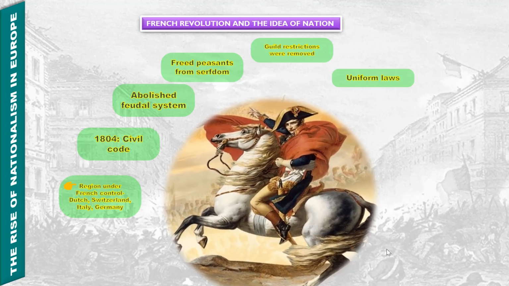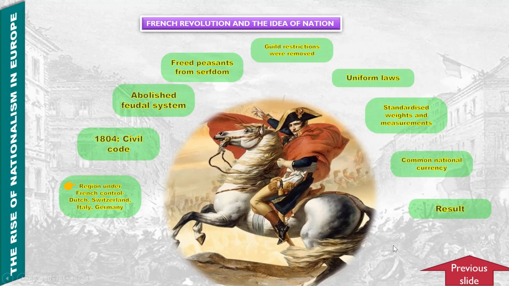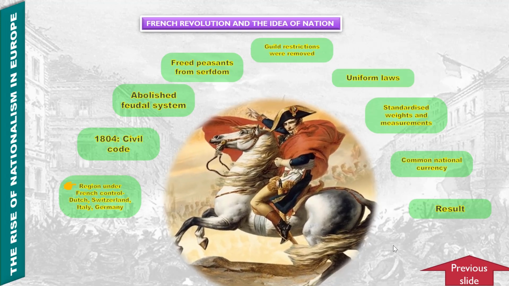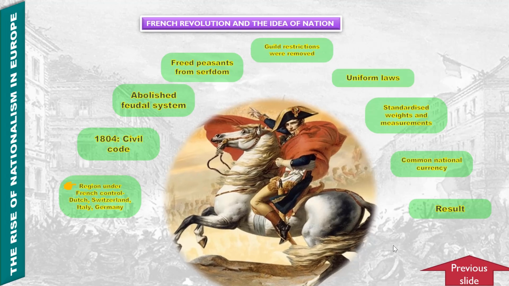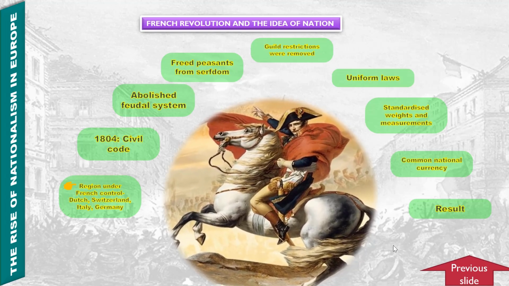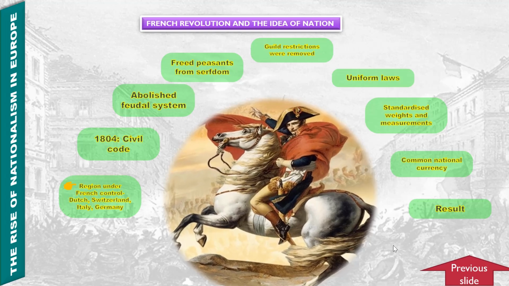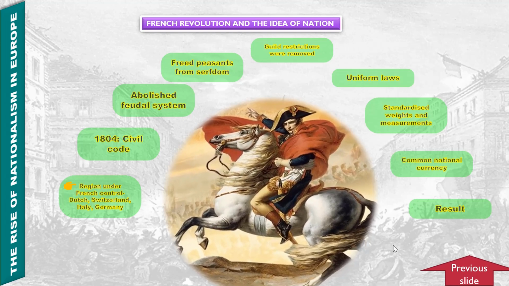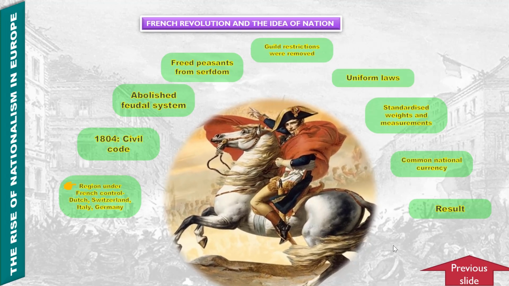What was the result of all these reforms? In the areas conquered, the reactions of the local population to French rule were mixed. Initially, in many places such as Holland and Switzerland, as well as in certain cities like Brussels, Mainz, Milan, and Warsaw, the French armies were welcomed as harbingers of liberty.